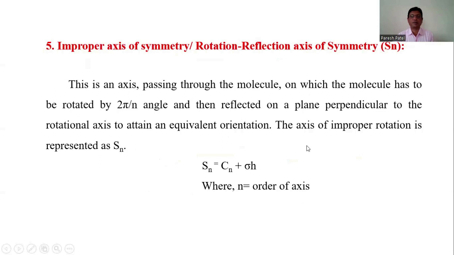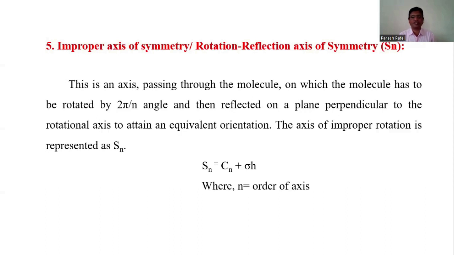Now, the next symmetry element and the related symmetry operation is the improper axis of symmetry, or rotational reflection axis of symmetry. It can be designated by Sn as a symmetry element, and the symmetry operation can be designated as Sn1, Sn2, Sn3, etc., or we can say Snk. K represents the number of times the symmetry operation is performed. Now, what is an improper axis of symmetry?